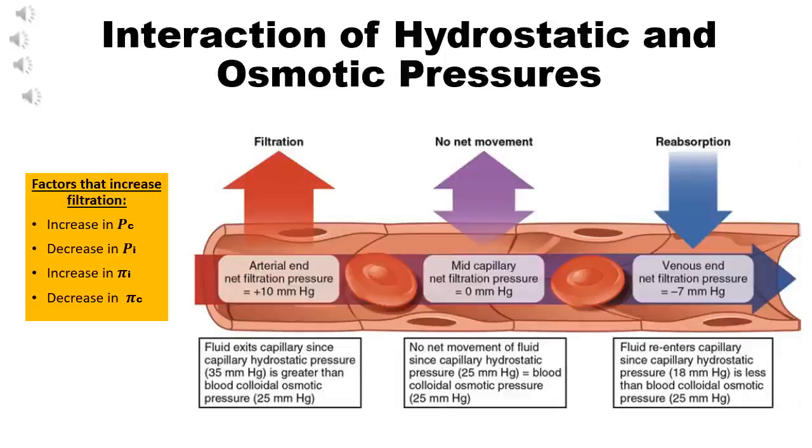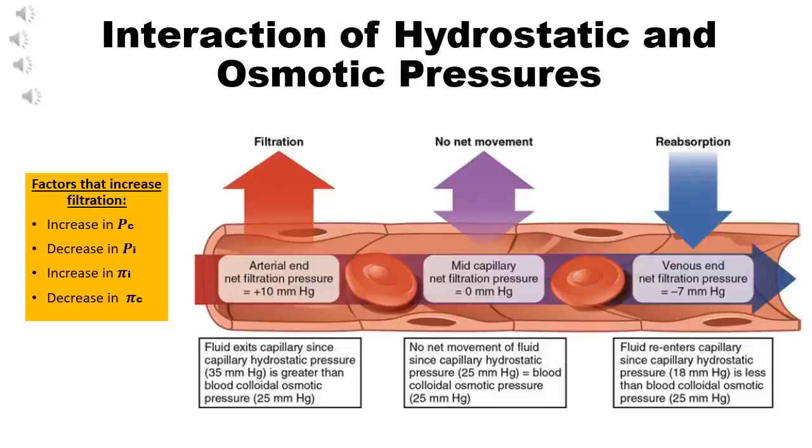At approximately the middle of the capillary, hydrostatic pressure is about the same as the blood osmotic pressure of 25. So the net filtration pressure is going to drop to 0. At this point, there's no net change of volume. Fluid is going to move out of the capillary at the same rate as it moves into the capillary. Remember, this is in the middle now.